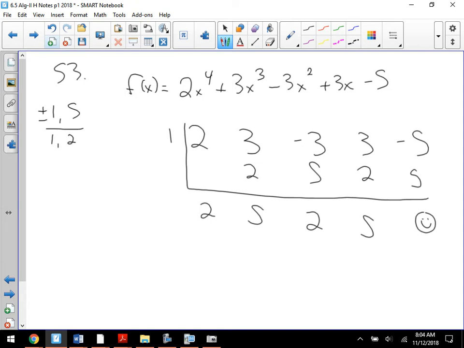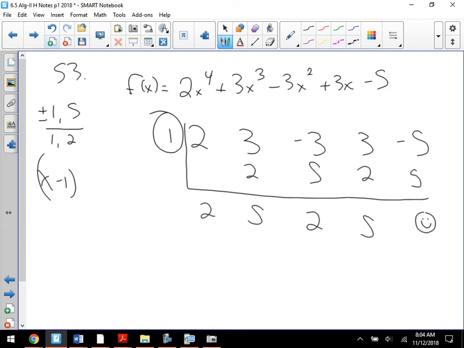I highly recommend putting the smiley face at the end because it makes you feel good. I always like to go back and circle knowing that was a 0. If that's my 0, my term is x minus 1. And you guys can probably see right here, isn't this a great one for a grouping?